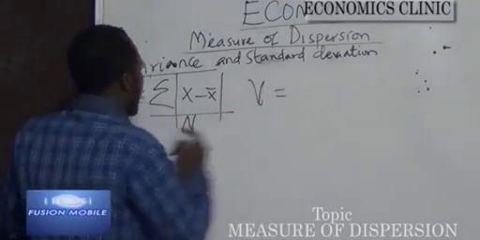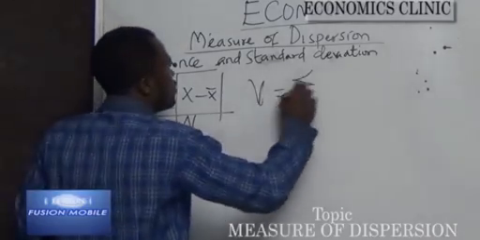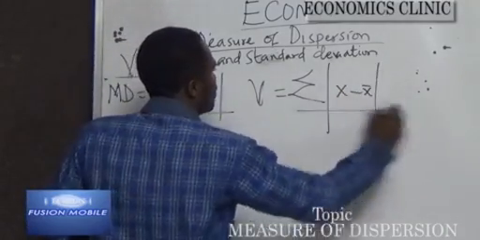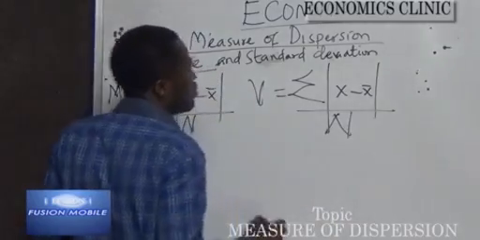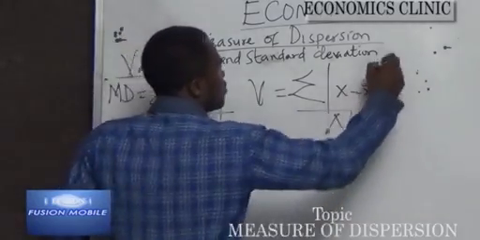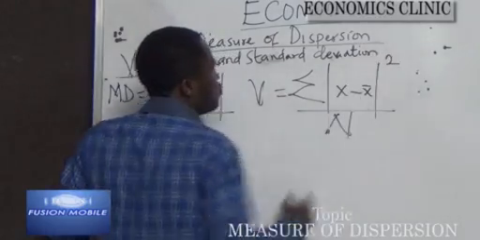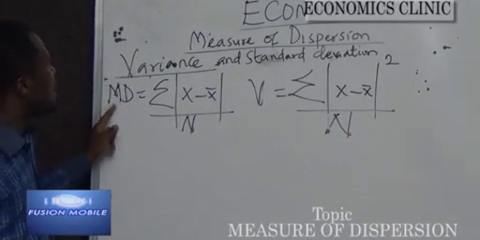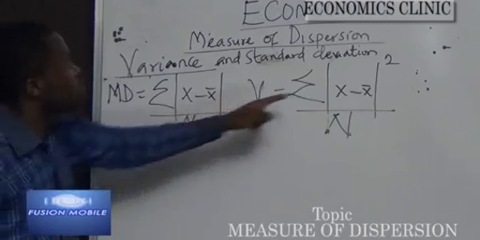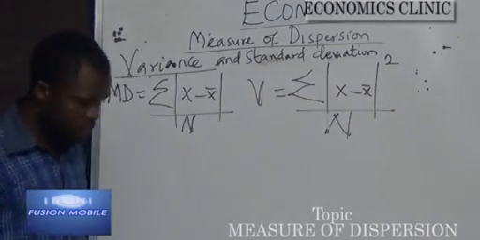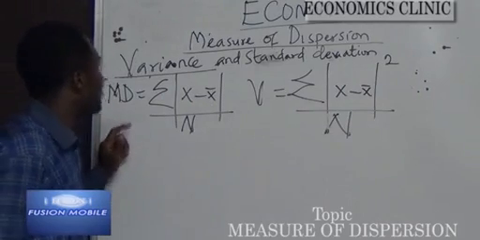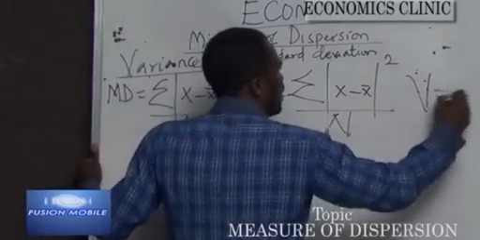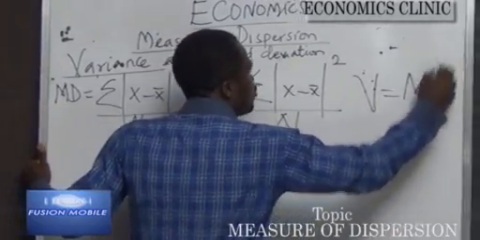Variance will now be the square of mean deviation, where you have summation modulus of x minus x bar divided by n, then this raised to power 2. So we can see that we have the power of mean deviation, which means that variance is mean deviation raised to power 2.